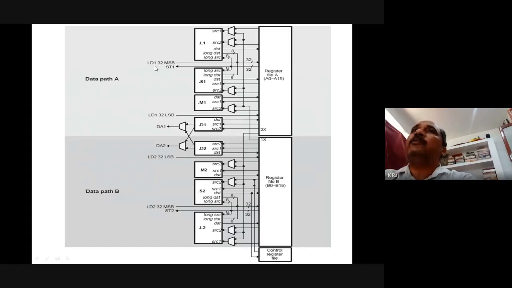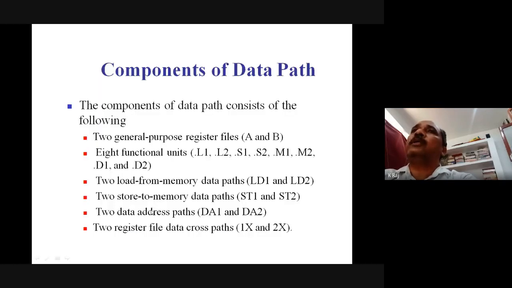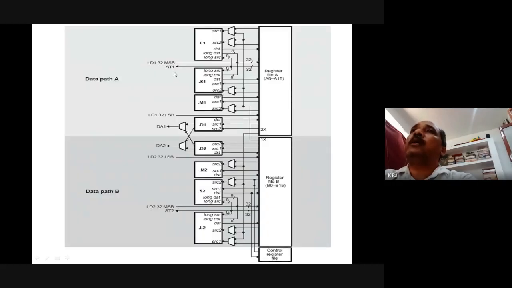See here the LD1 and the LD2 here. And now come to the previous one again, that is the two store-to-memory paths, ST1 and ST2. These are the ST1 and the ST2 that are shown in the block diagram.